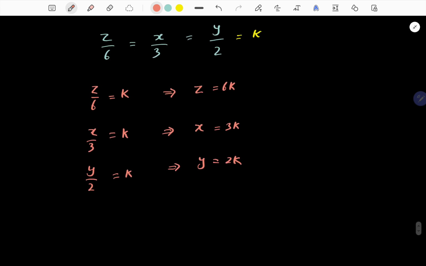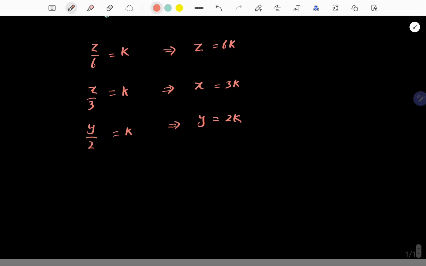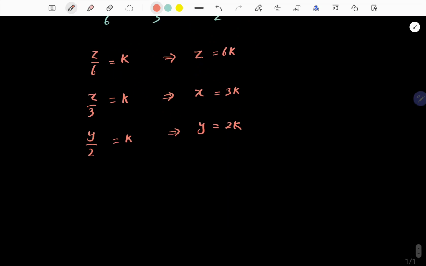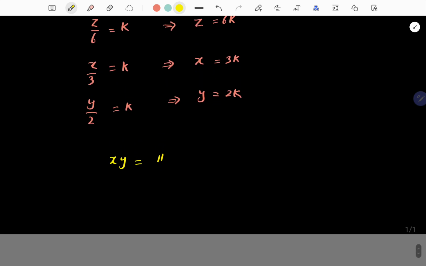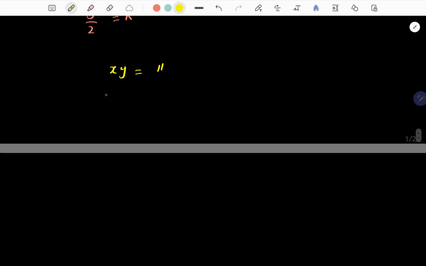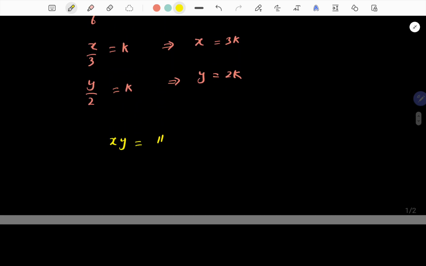This is what we get from this equation. We know that from equation number 1, xy is equal to 11. So substituting the values of x and y in terms of k, we get x is equal to 3k and y is equal to 2k, which is equal to 11.